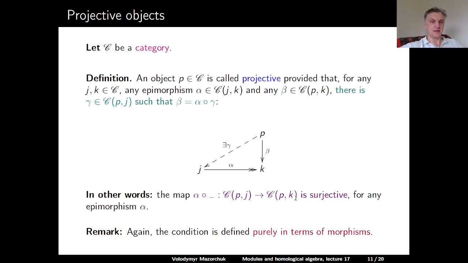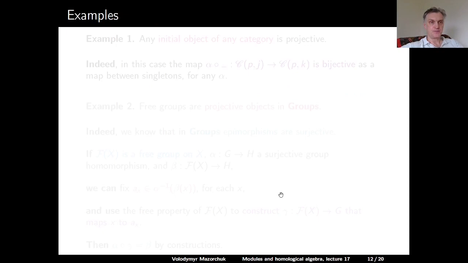And again, we see that this condition is defined purely in terms of morphisms. There are no things about elements of any sets, but it can be reformulated in terms of a surjective map, but then it's a surjective map on the morphism sets.